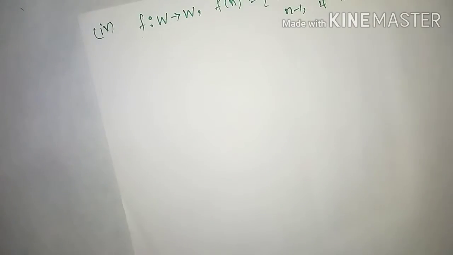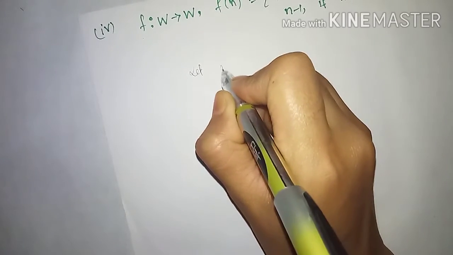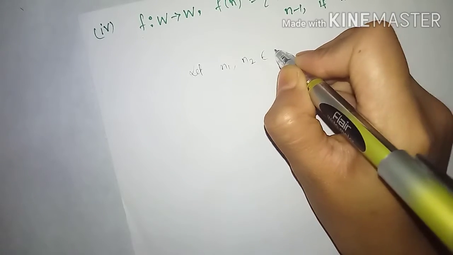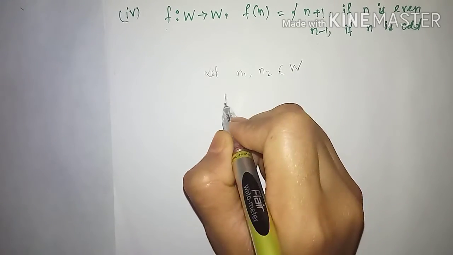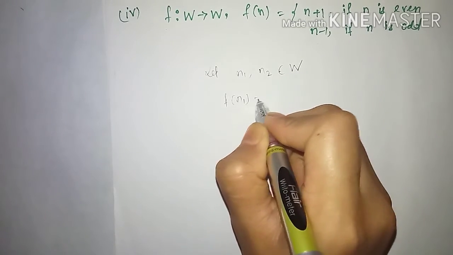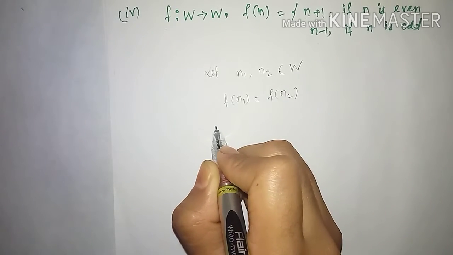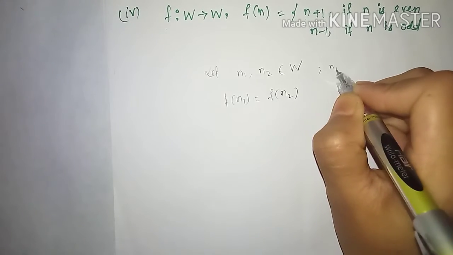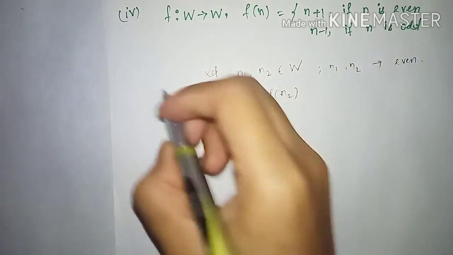Now let us take two elements n1 and n2 belongs to the domain set W. Let f of n1 equal f of n2 and say this n1 and n2 are even. Case 1.